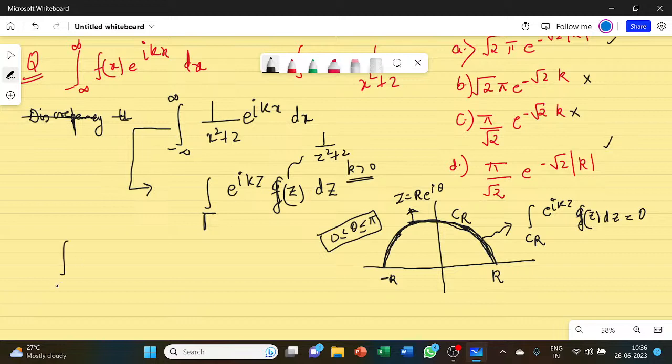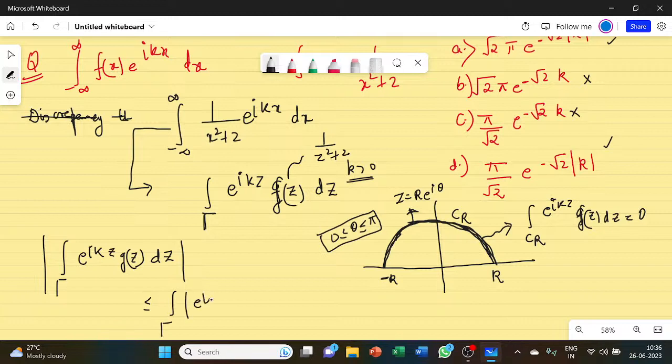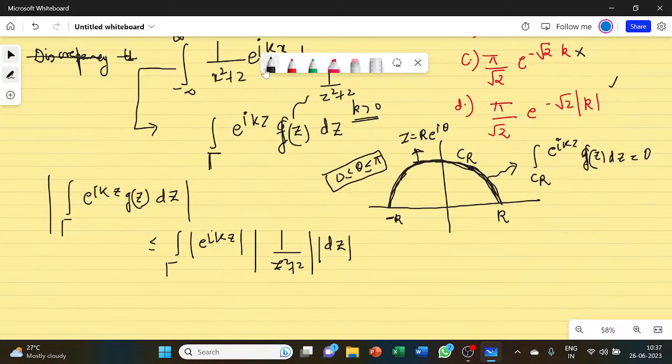If I integrate this up, the modulus will be less than or equal to the integration over gamma of modulus of e to the power iota kz, times modulus of 1 upon z square plus 2, times modulus of dz.